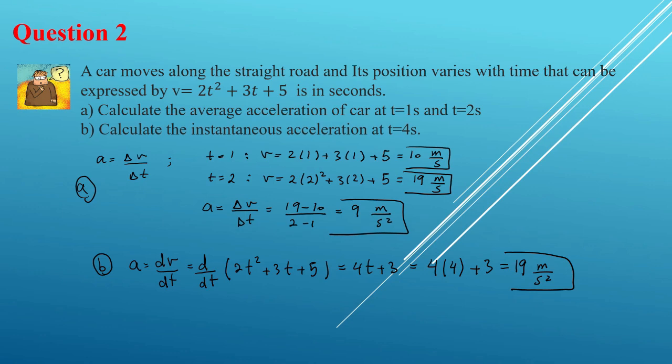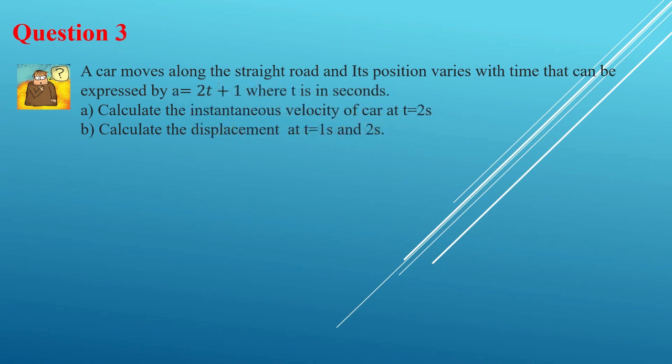Let's look at the next question. So in this problem, I have the acceleration equation, and now I need to calculate the instantaneous velocity, right, for part A. So based on the equation I wrote in the previous slide, my a is going to be dv over dt, right? So if I'm going to calculate dv, it is going to be a times dt, right?